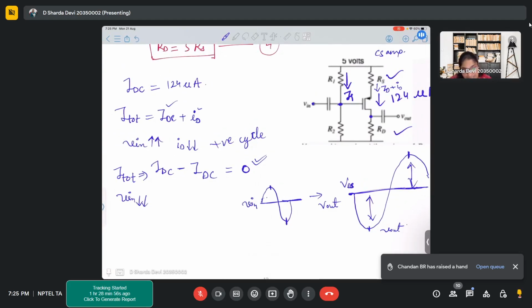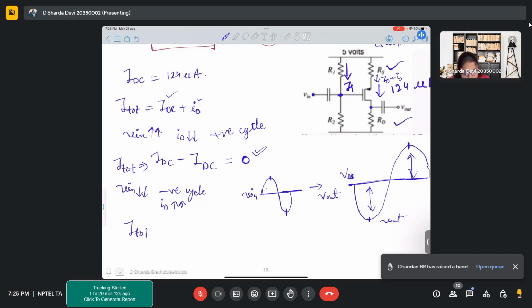Now for the case of V in reducing, that is the negative cycle, ID will increase, and the I total that we will get is IDC plus IDC, that is twice of IDC. So this is the condition that we have considered.